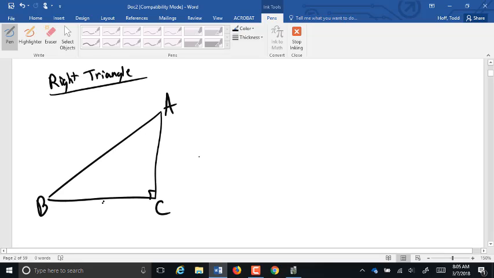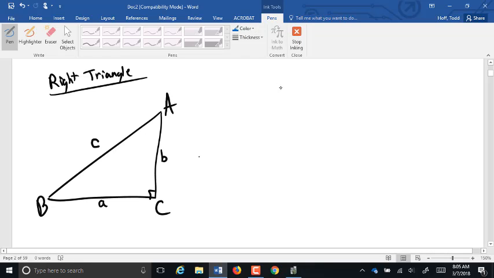So this bottom side down here is opposite angle A, so it gets labeled side little a. Always use a capital letter for the angles, a small letter for the sides. So what's this side over here? Little b, and this side is little c. So the right angle is typically labeled angle C, so the side C would be the hypotenuse.